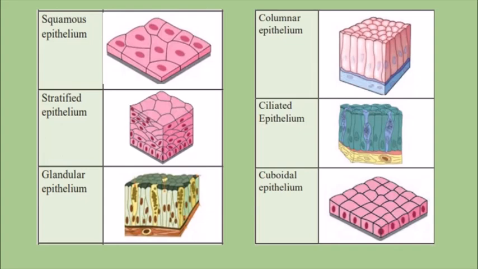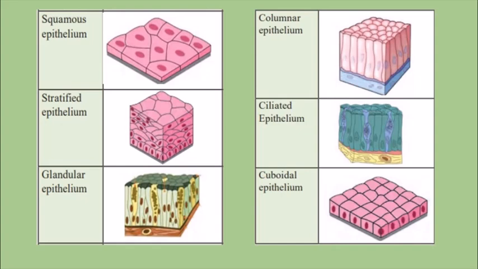Second is the stratified epithelium. Now there are many layers of cells which are joined together. These are present in the outer layer of the skin and its function is for prevention of damage and for protection of our organs. Third is the glandular epithelium.